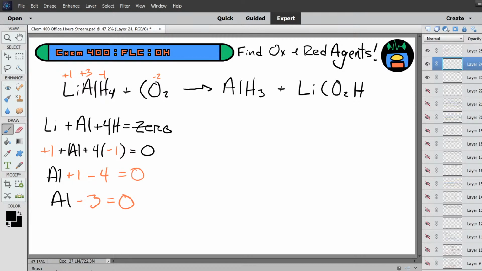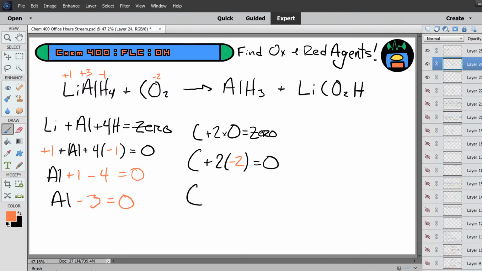So carbon plus 2 times the oxidation state of oxygen equals our total charge of 0. So carbon plus 2 times -2 equals 0, means that carbon minus 4 equals 0. So carbon in this compound has an oxidation state of +4.